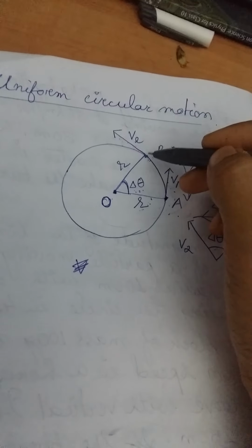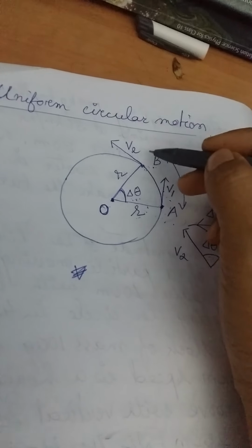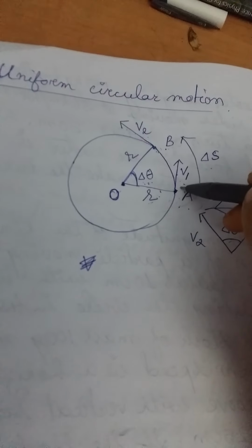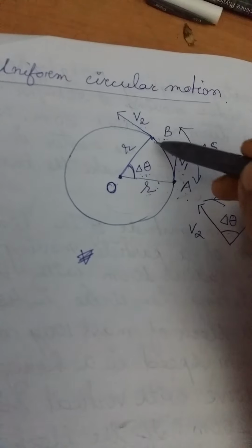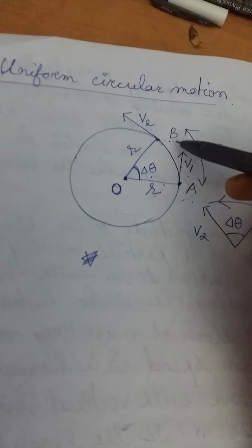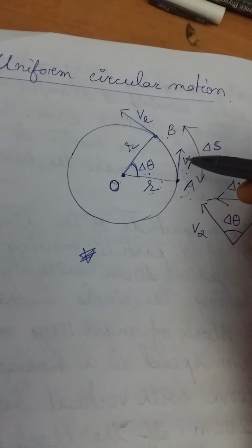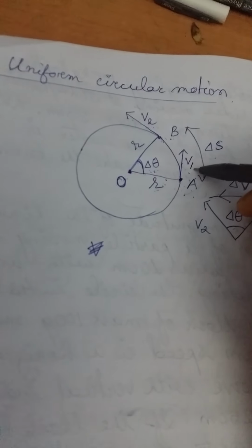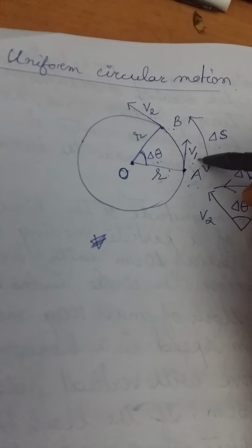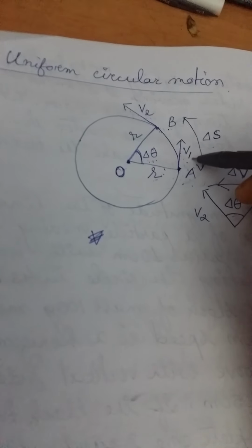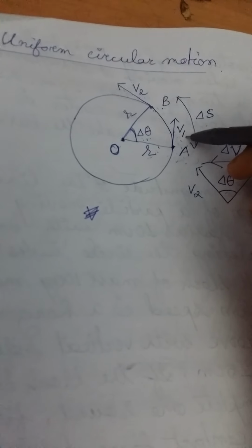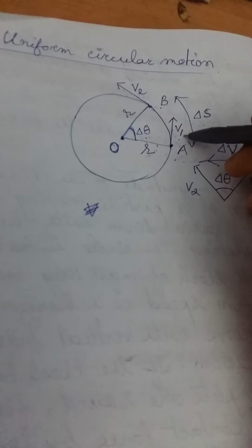Similarly, if we consider another tangent at the point B, then this one is your velocity at the point B. If you observe in the diagram, V1 is the velocity at the point A, V2 is the velocity at the point B. In uniform circular motion, these two have different directions, and because of that they represent two different velocities, but their magnitude is the same. It means the speed remains constant, but the velocity varies in uniform circular motion.